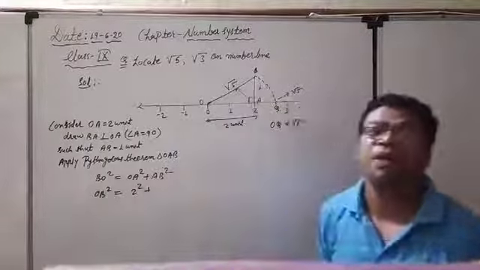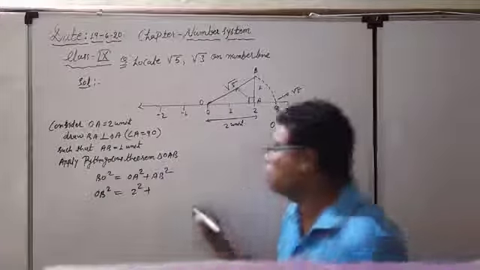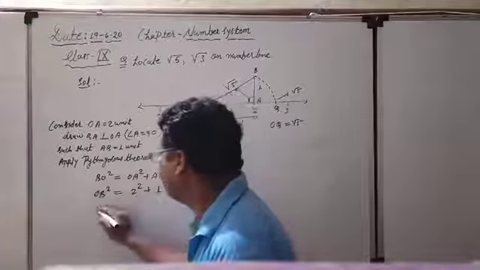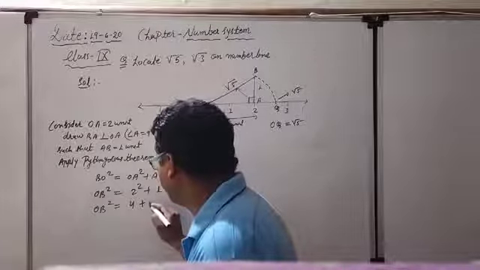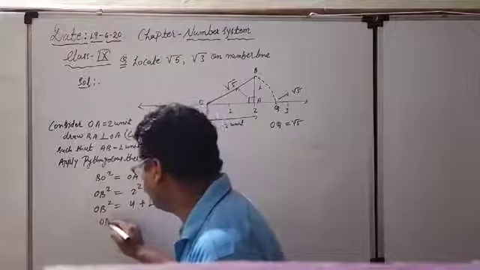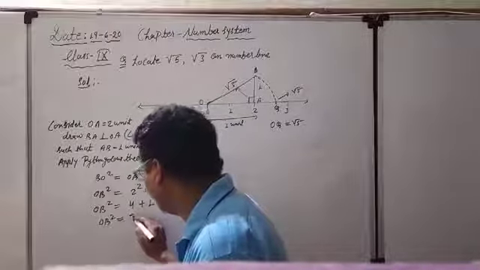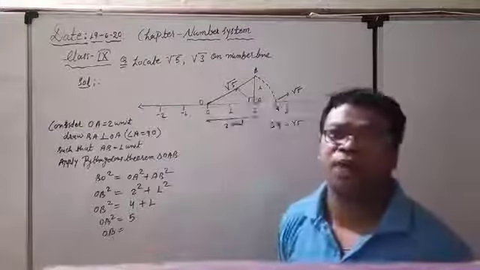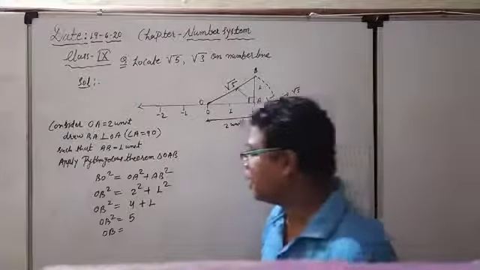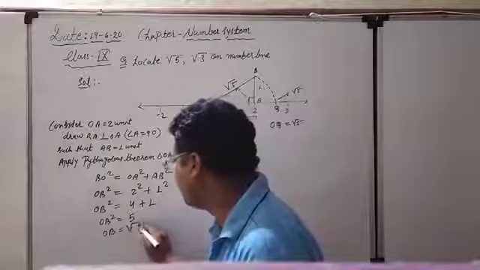I have drawn AB 1 unit, that is the perpendicular, so 1 square. If you solve it, OB square is equal to 2 square 4 plus 1 square 1, meaning OB square is equal to 4 plus 1, 5. OB square is equal to 5. So I can write OB is equal to square root of 5.